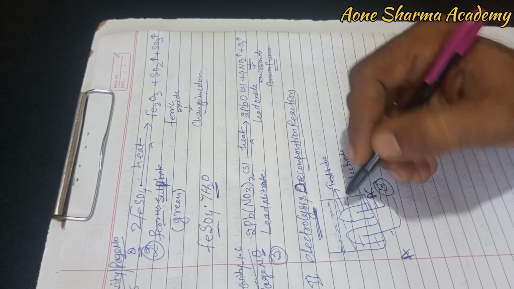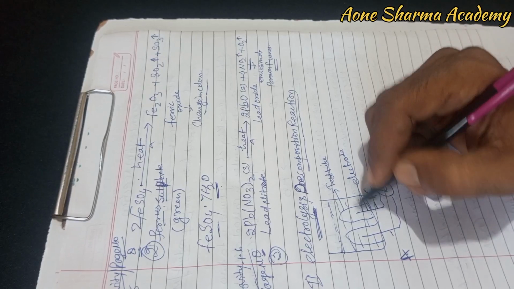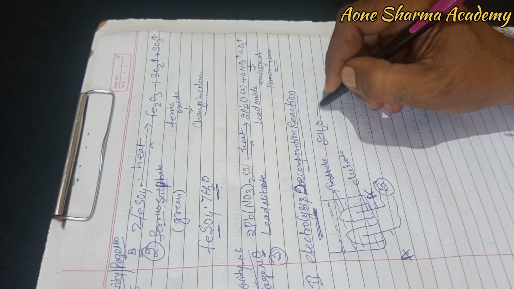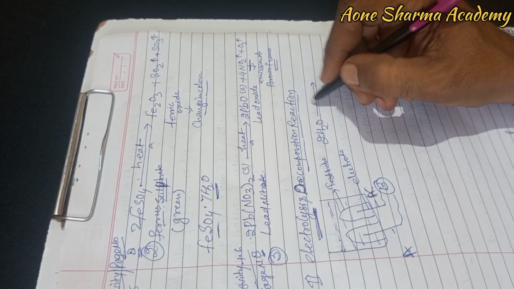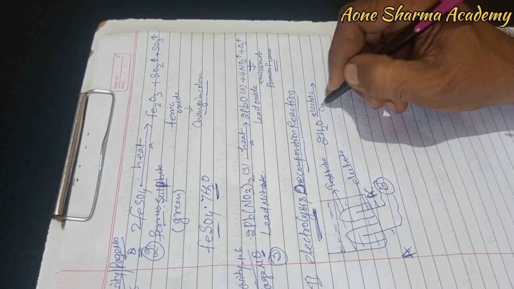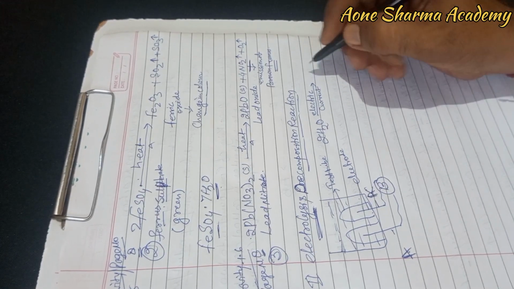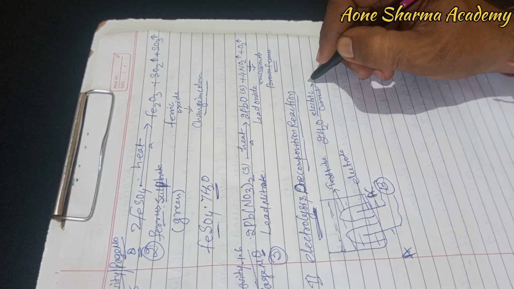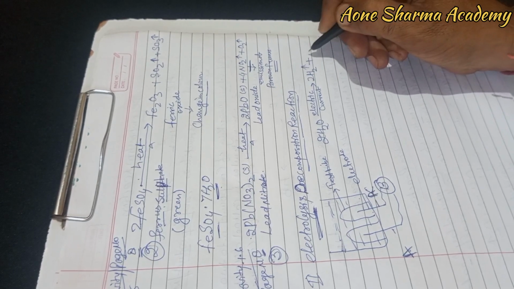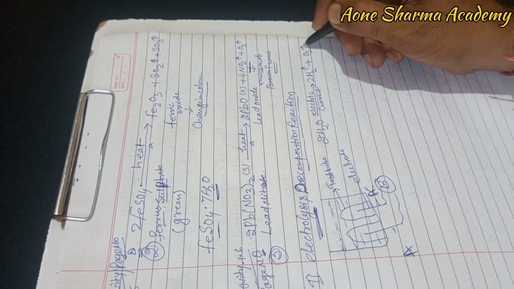We observe here that 2H2O is decomposed by electric current and forms new products, 2H2 gas and O2 gas.